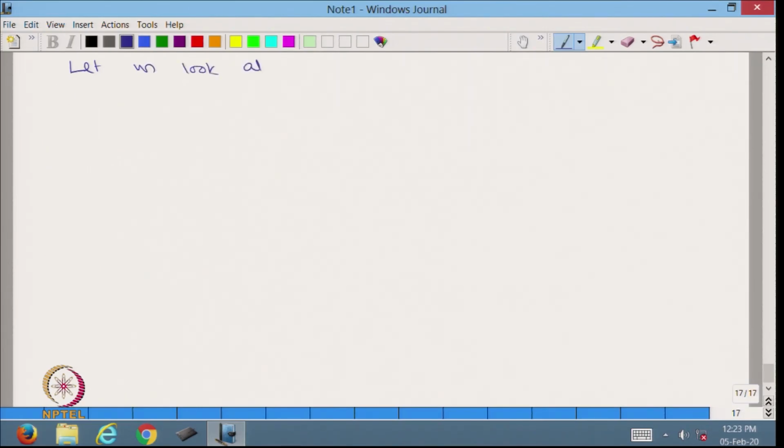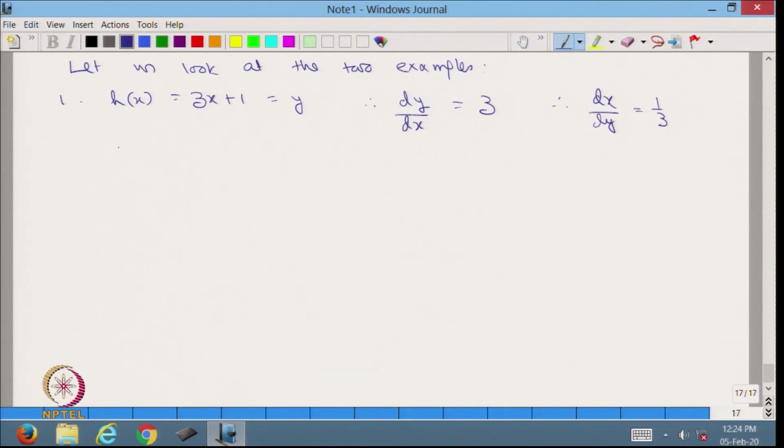So, let us look at the two examples. One, h of x is equal to 3x plus 1, which is equal to y. Therefore, dy/dx is equal to 3. Therefore, dx/dy is equal to 1 upon 3.